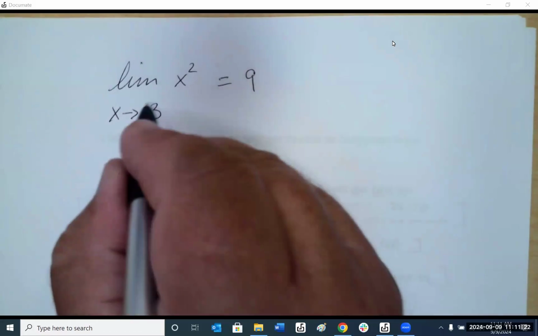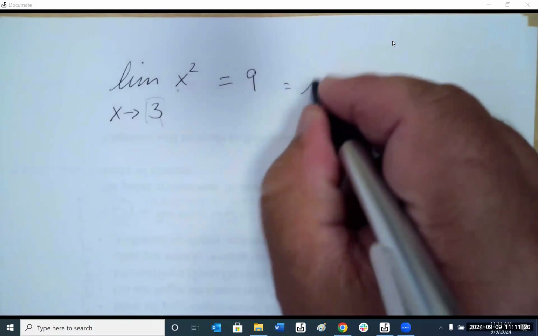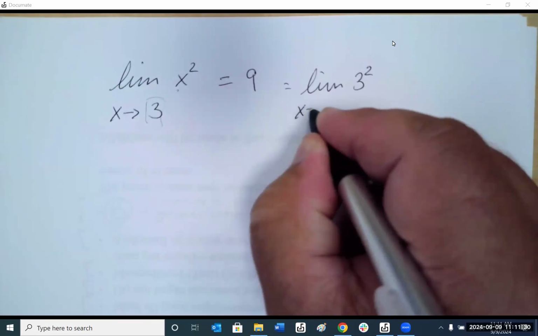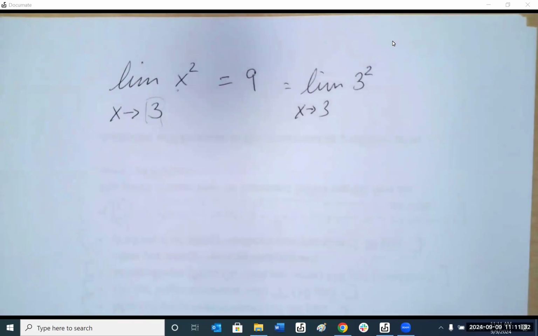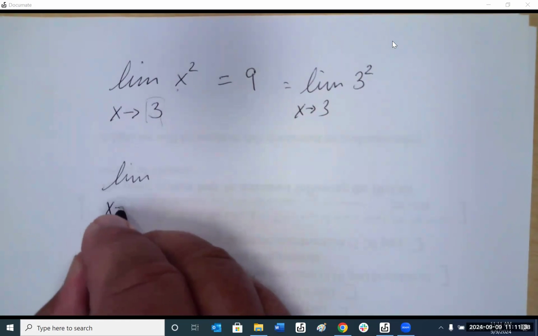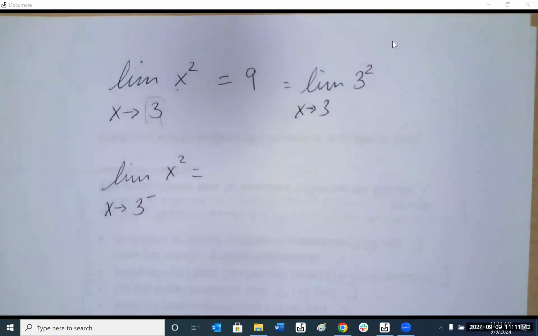9. This is your C value. Plug it in there. So it's the limit of 3 squared. That equals 9. Well, let's look at it from the left and from the right.